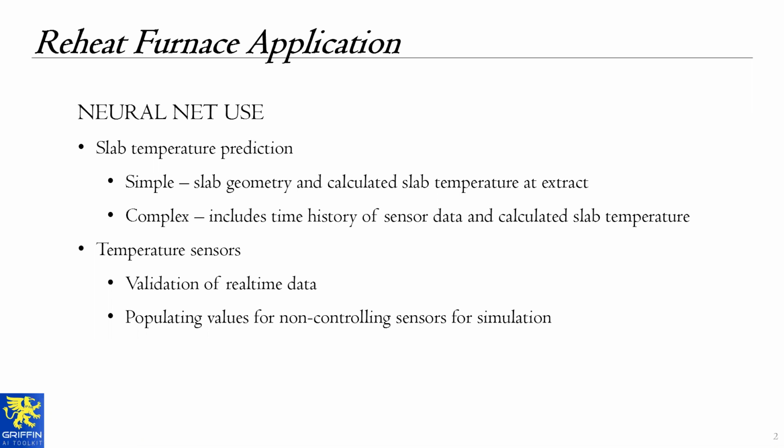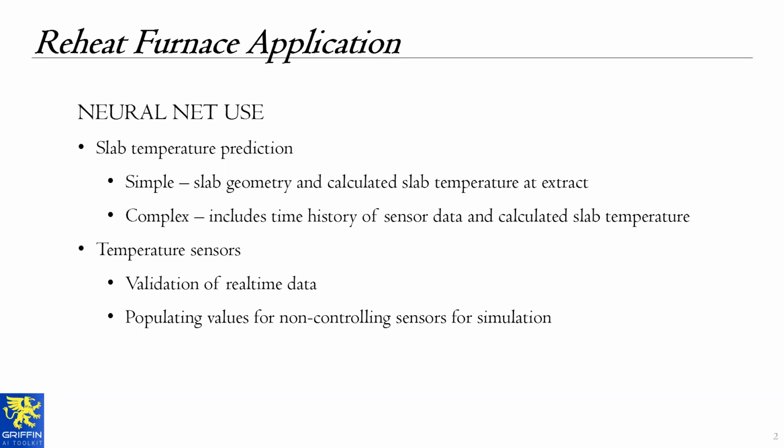And I also use neural nets to model the temperature sensors. We have a group of temperature sensors that are controlling. They are what are giving feedback to the burners to call for more or less heat. And we have several other temperatures in the furnace that are not controlling.